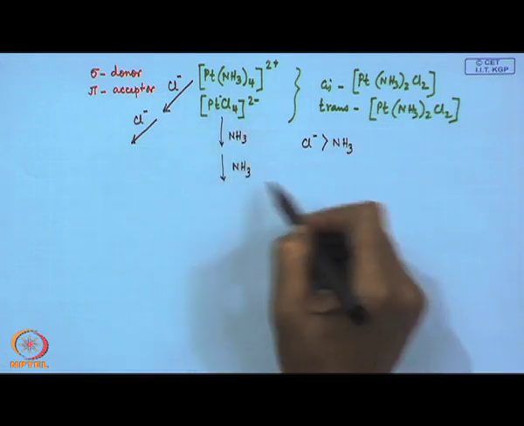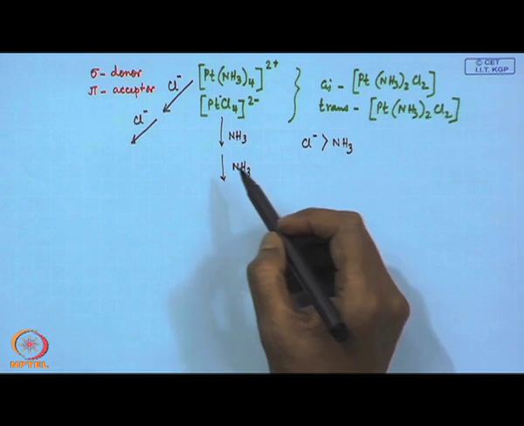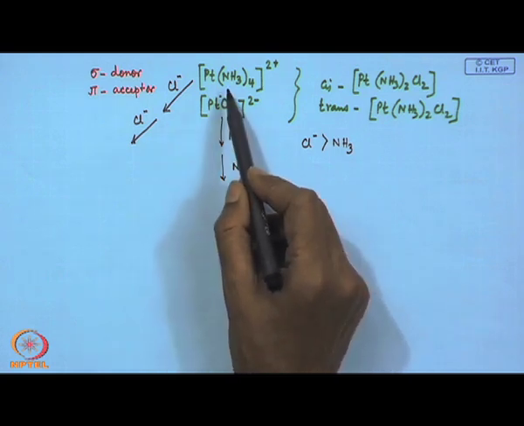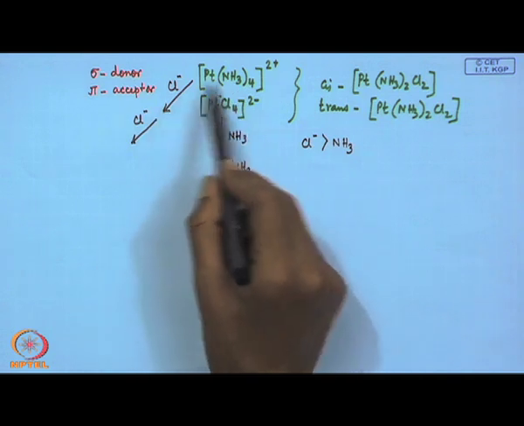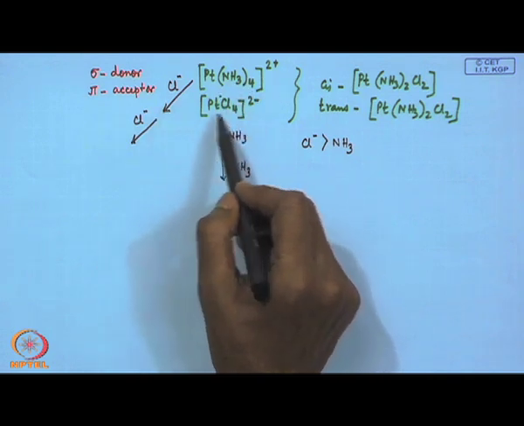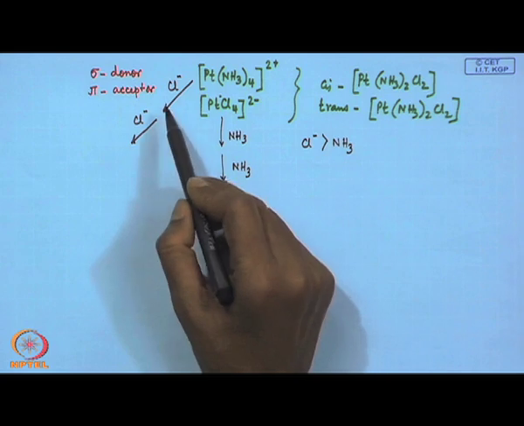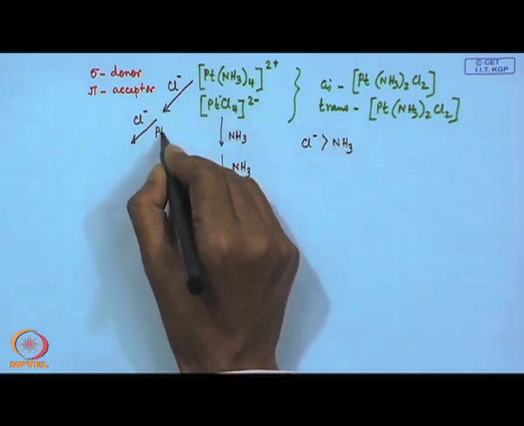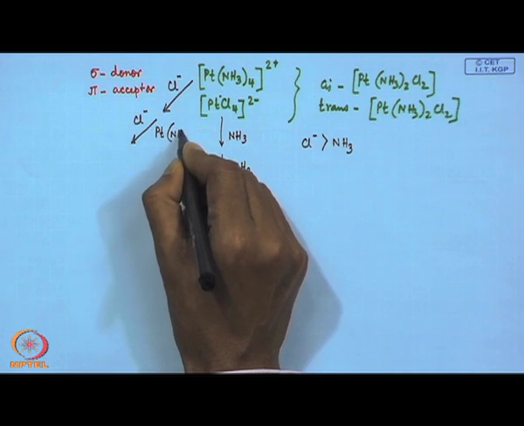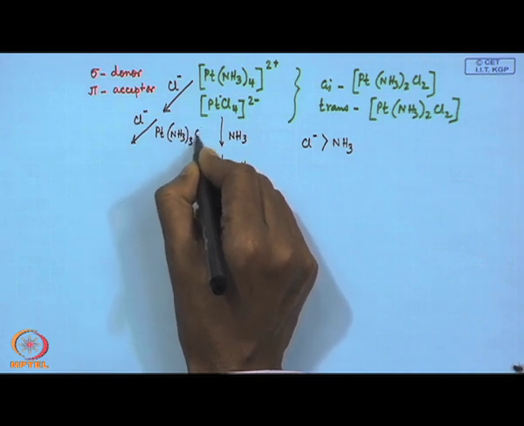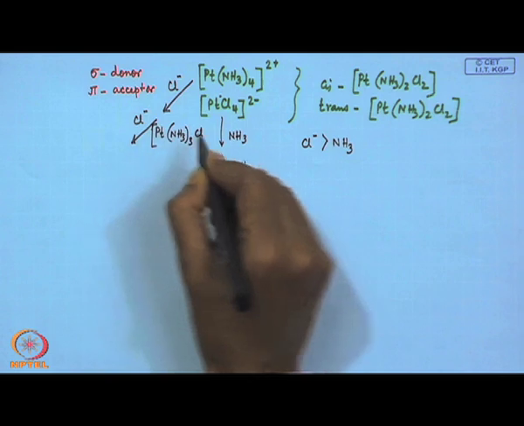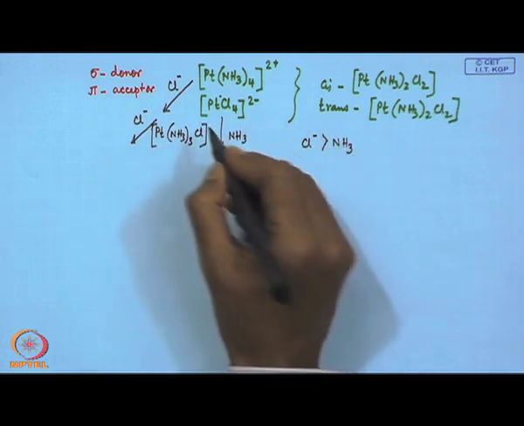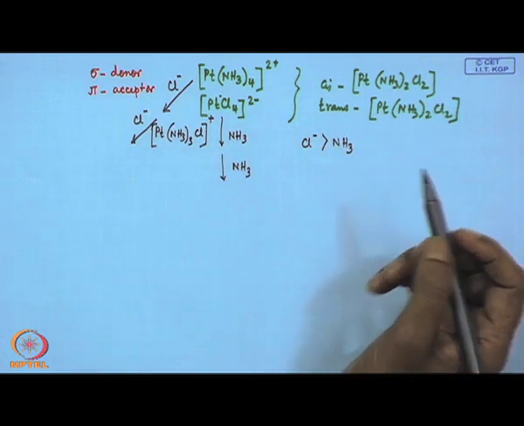So, how this particular orientation can change the lability of the group which is present trans. When all four of them are the same, immediately we get the substitution, that means the Pt(NH3)3Cl plus, which we get as plus Cl.